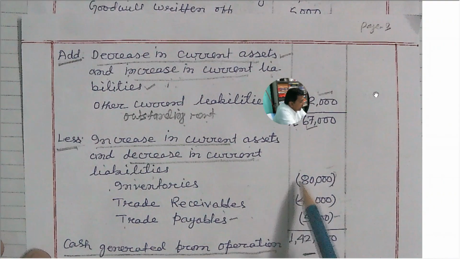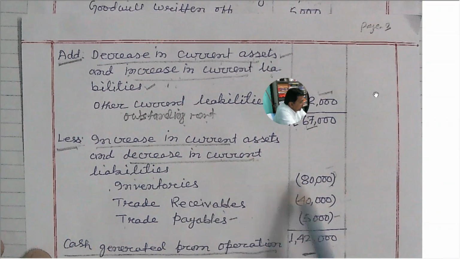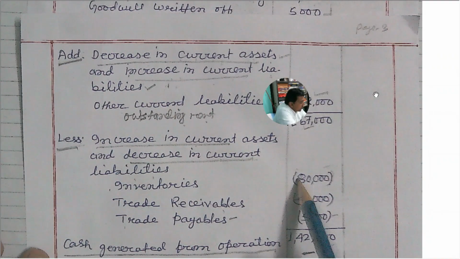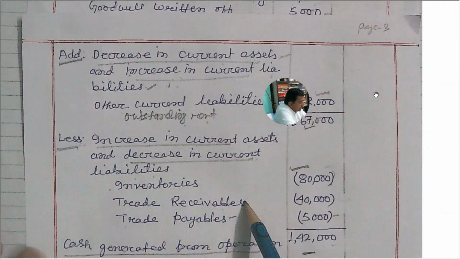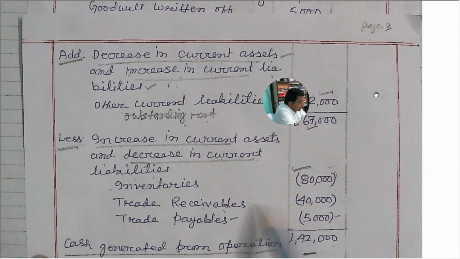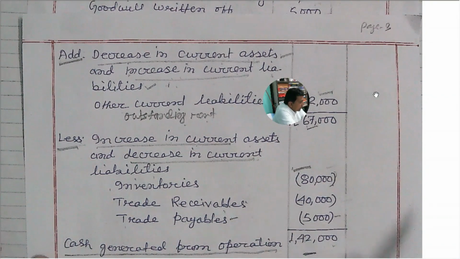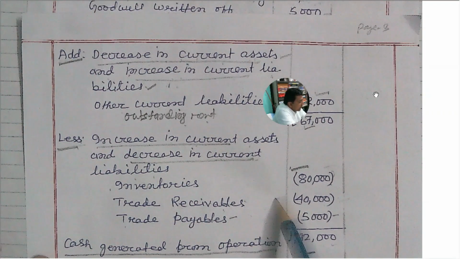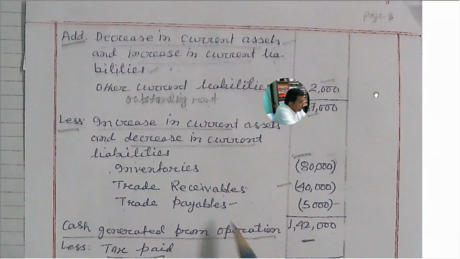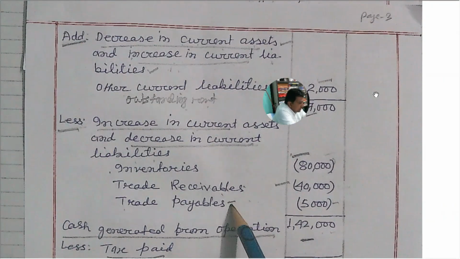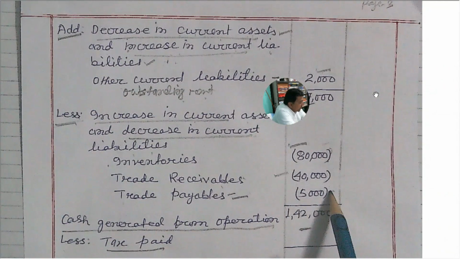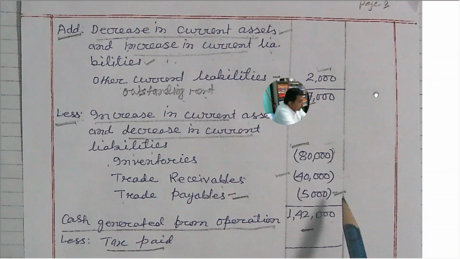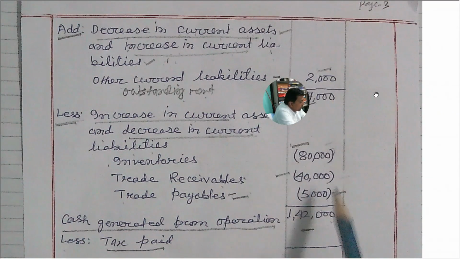Inventory increase means cash outflow, minus; further inventories purchased 80,000. Increase of trade receivables means cash outflow; further cash paid 40,000. And trade payables, a current liability, decreased, so the amount 5,000 paid is an outflow. Outflow is minus, inflow is plus.